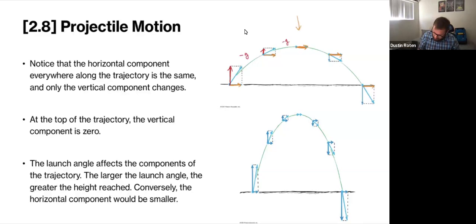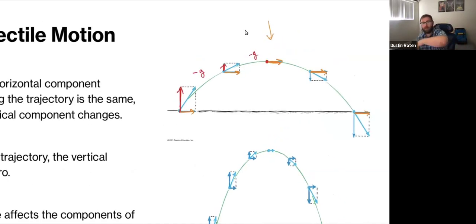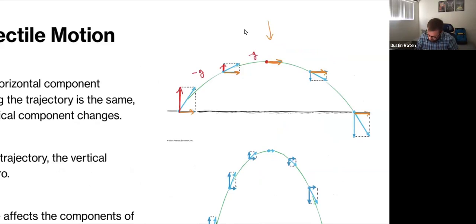There is no vertical velocity here. It's neither positive nor negative. It's zero. But then by the time we get on over here, and the rest of the arc, gravity's already made it change directions and it's pointing down, and instead of getting shorter, it's getting longer because this object is speeding up as it heads toward the ground.